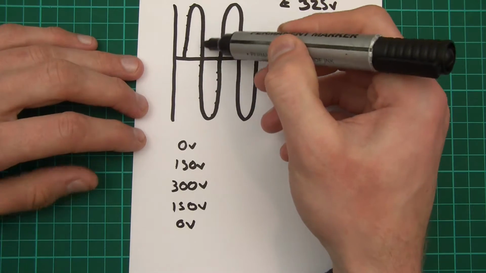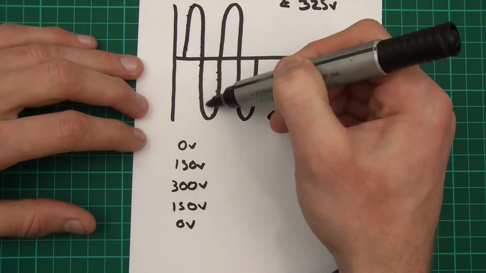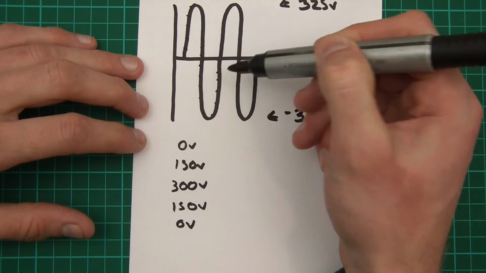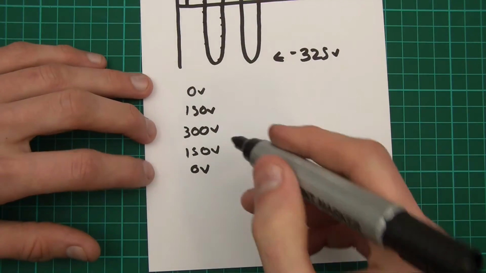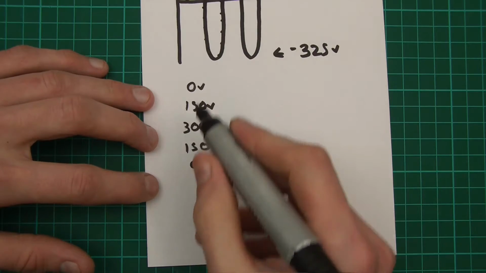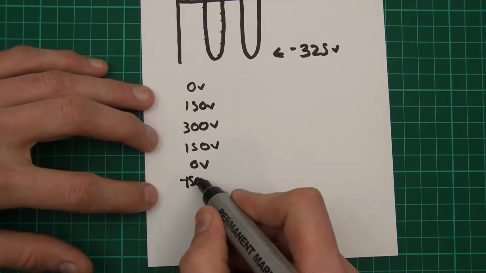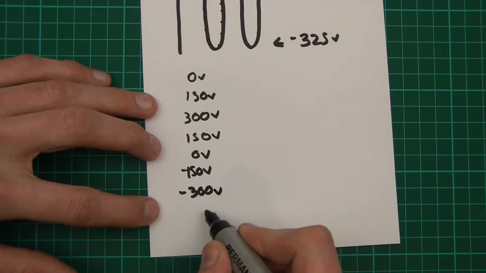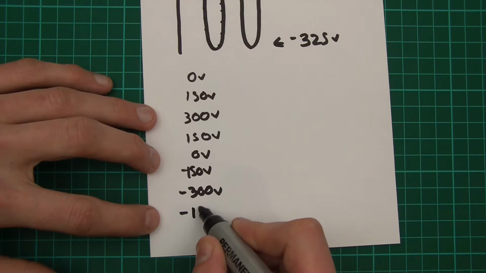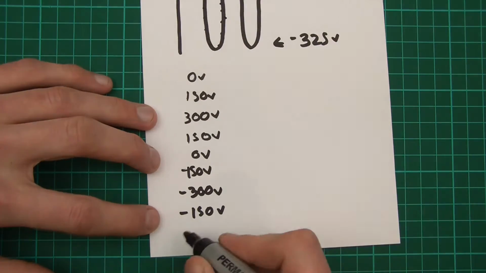So there's our samples taken from the top of the wave, but of course this is AC, so we need to take this wave into consideration as well. So if we take that half of the wave into consideration, we've already got the 0, so then we'd get minus 150, then we'd get minus 300 volts, then we'd get minus 150 again, which is here, and then we get 0 again.